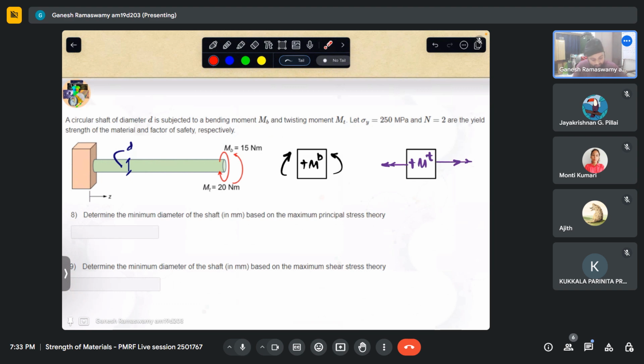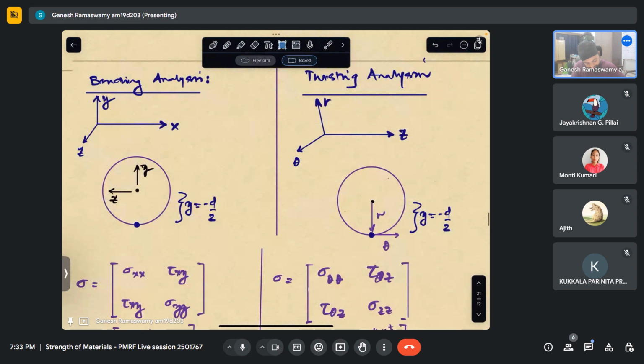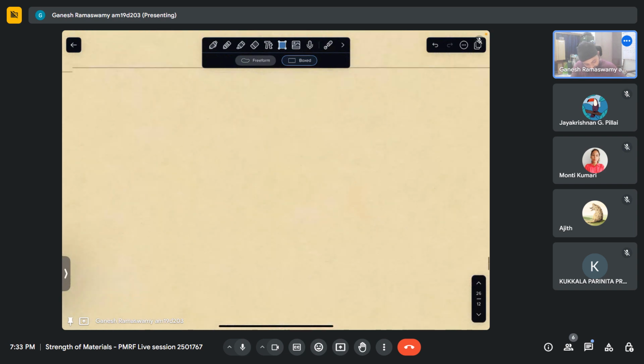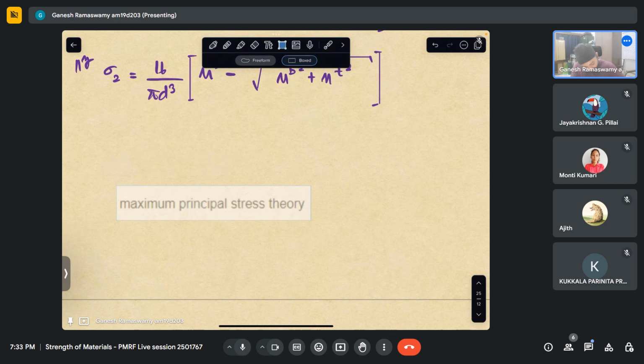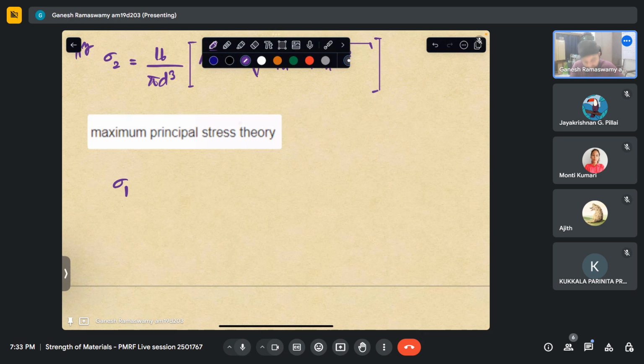So by using the maximum principal stress theory, design states that sigma 1, which is algebraically the highest, is less than or equal to sigma y by some factor of safety, or the factored sigma y. This is my condition for that.